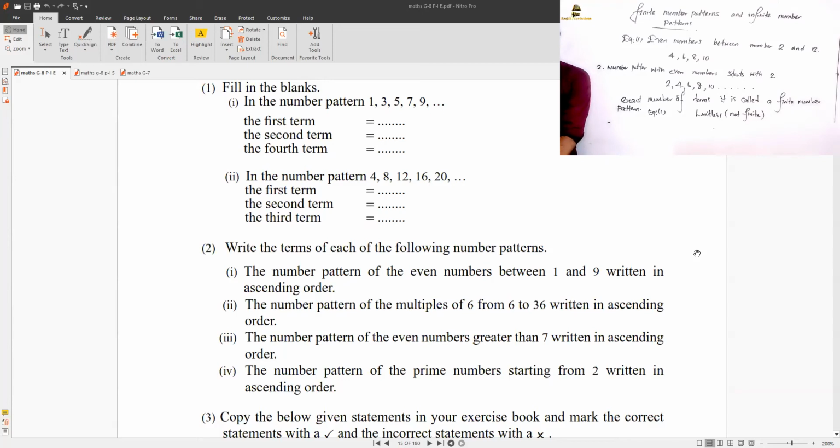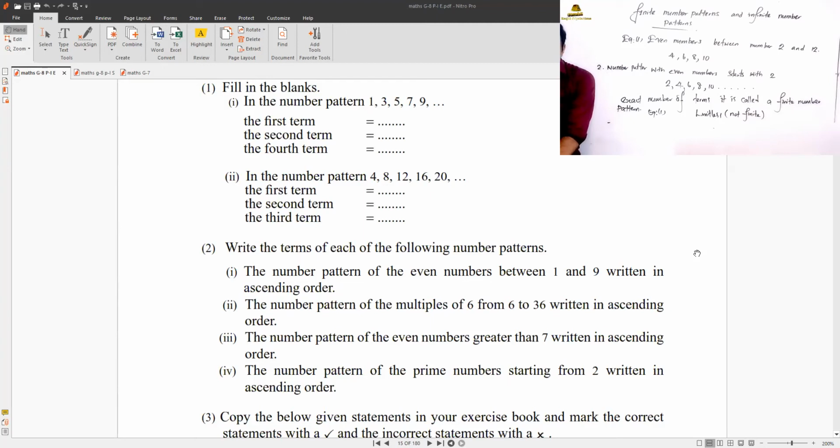From 6 to 36. So, 6, 12, 18, 24, 30 and 36. From 6 to 36 means up to and including 36, so we have to include that. If we say in between, we leave out both ends.